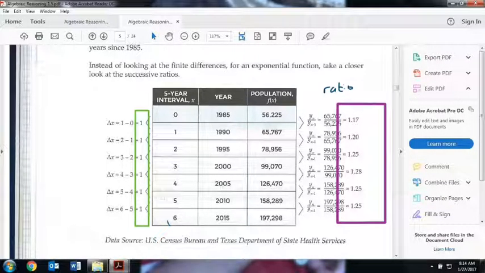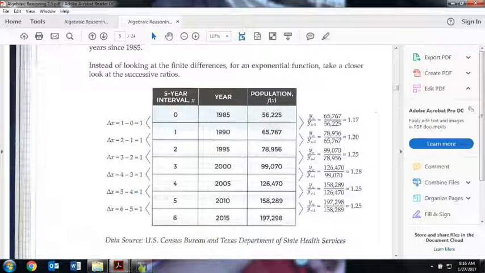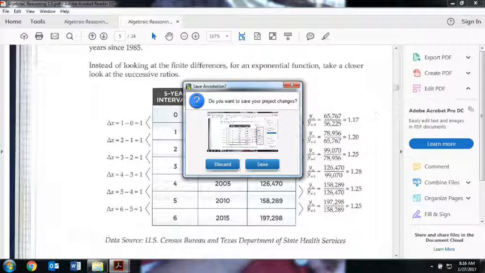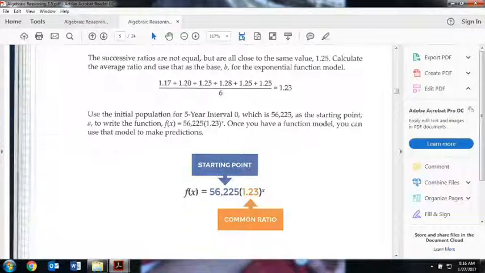So if I do 1.17 plus 1.2 plus 1.25 plus 1.28 plus 1.25 plus 1.25, that's 1, 2, 3, 4, 5, 6. That's 6 of them. So add them all up, divide by 6, and I think they do it right below this. Give me just a second. They do. They get 1.23.